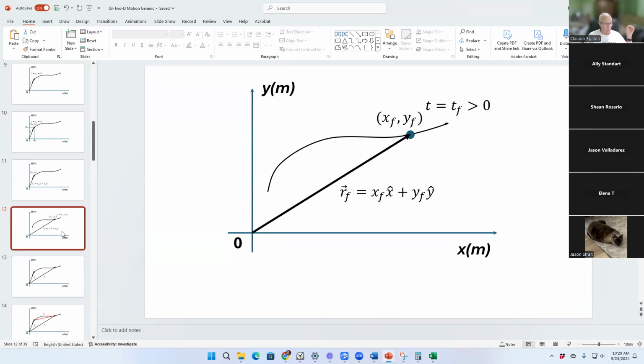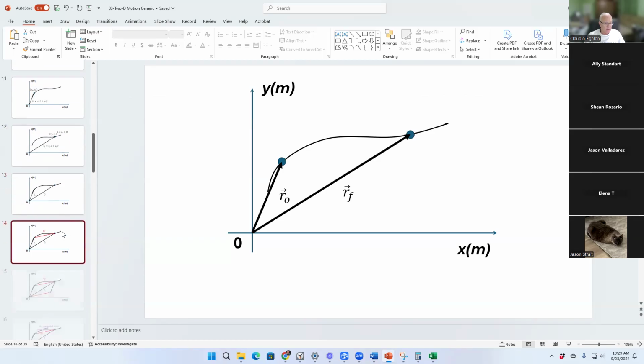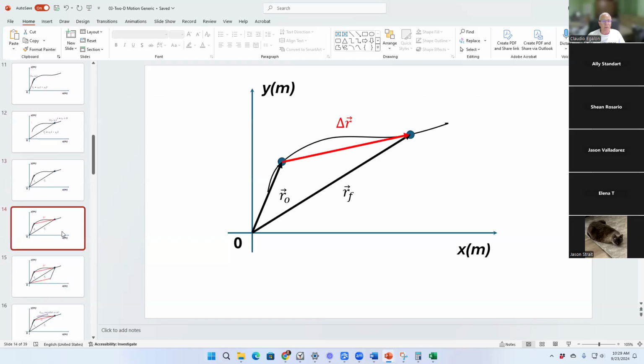Later on, I'll show some specific examples. Now we have the initial position and final position. And by the way, what is R f minus R naught? It's going to be this vector delta R. Do you agree with that?